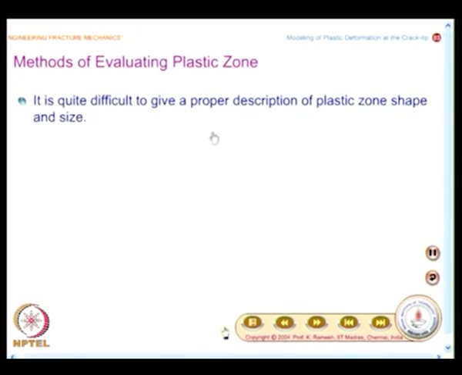And how to evaluate the plastic zone? It is a very difficult aspect. It is difficult to give a proper description of plastic zone shape and size. We will look at simplistic models, and the determination of shape has a connotation because you would be able to quickly compare what happens in a plane strain situation and a plane stress situation.